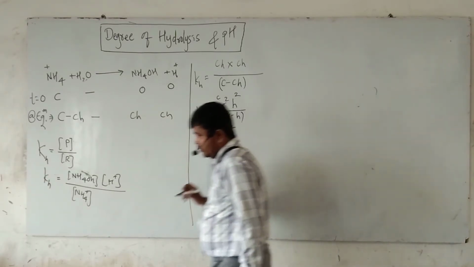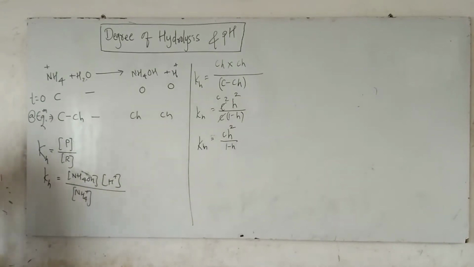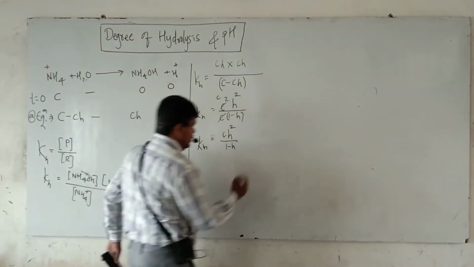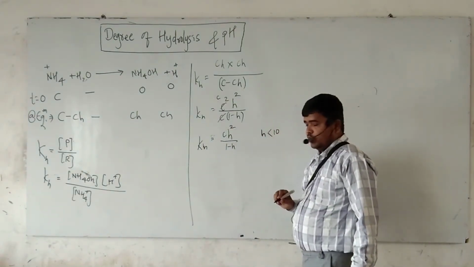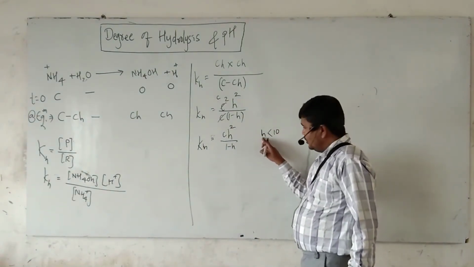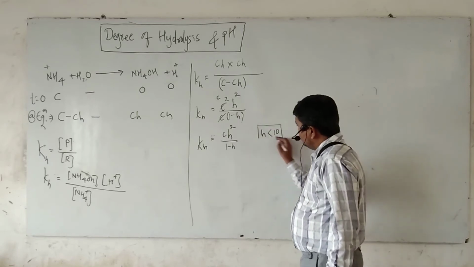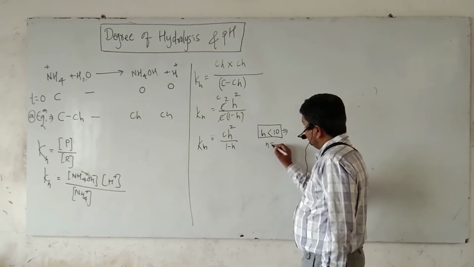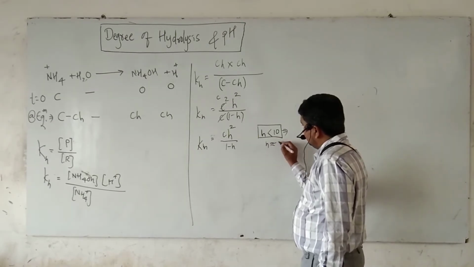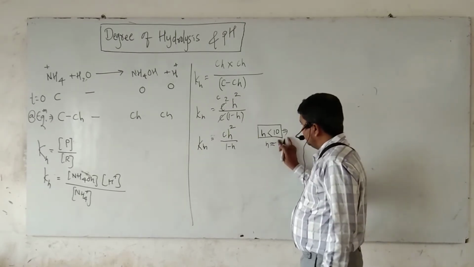Now this H is the degree of hydrolysis. See, there are two conditions. If the value of H is very small, in this case H can be neglected in 1 minus H, taken as 1.